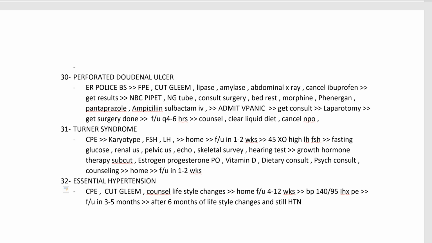Then in this case you want to order amlodipine PO, the first line for hypertension. And then you want to send him home, and then you want to follow up in 4 to 6 weeks.